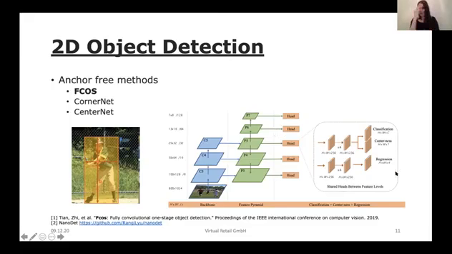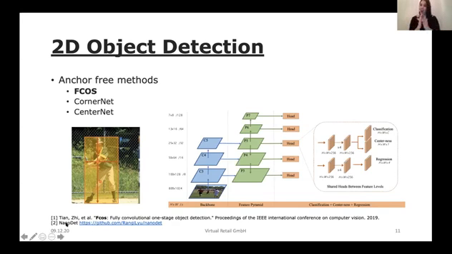And then in the regression head, you don't have any anchors. It will directly regress from a pixel the 4 distances to the image border, to the object border. This way, you don't have any reliance on the prior defined sizes and aspect ratios.